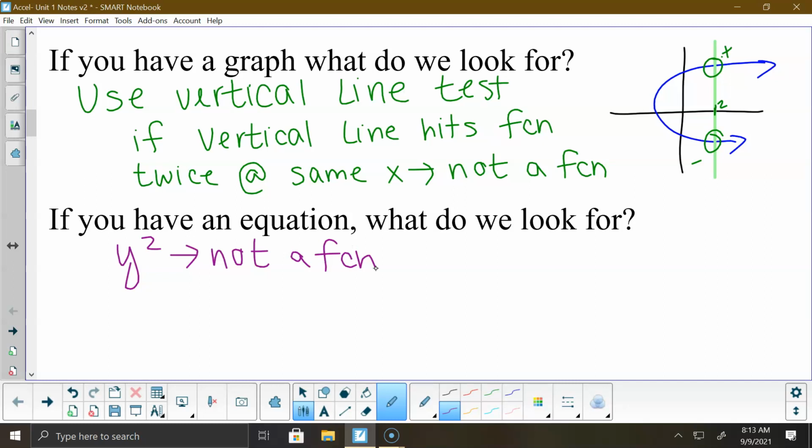That's going to be a circle. All things that would naturally fail the vertical line test. When in doubt, use Desmos and type in the function and get a look at it. Because in theory, you guys haven't seen a whole lot of different styles of functions. So it helps when you can see it a little better.